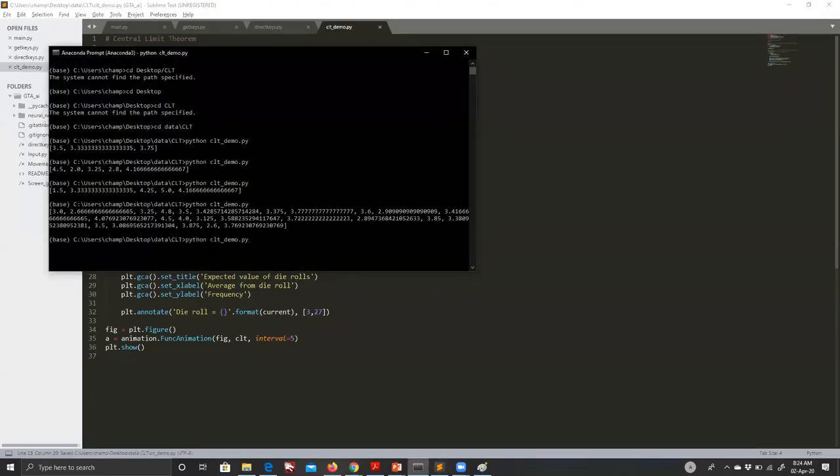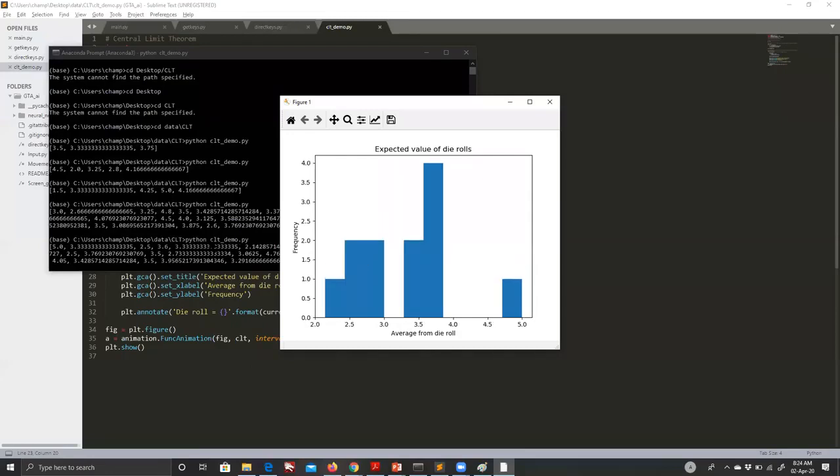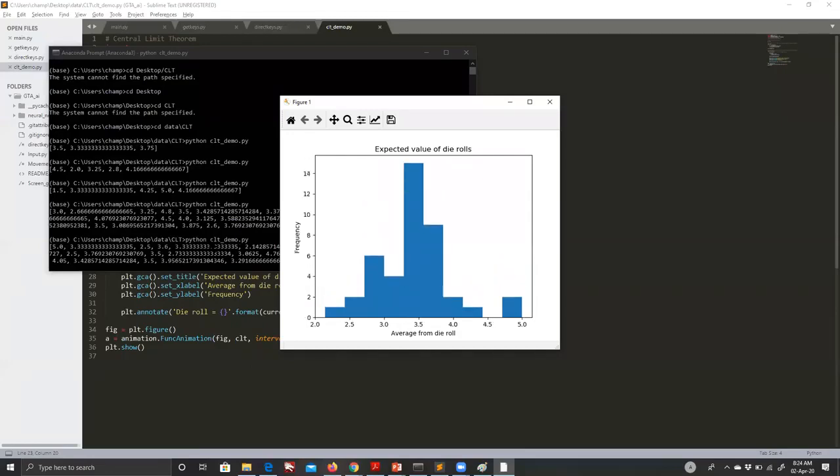And let's run it. And remember, the experiment is totally random. I have no control. I am not choosing any number here. So this is a random die roll which I am trying to do, and the experiment results are in front of you.